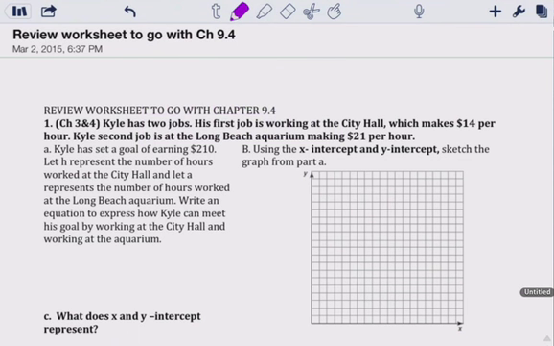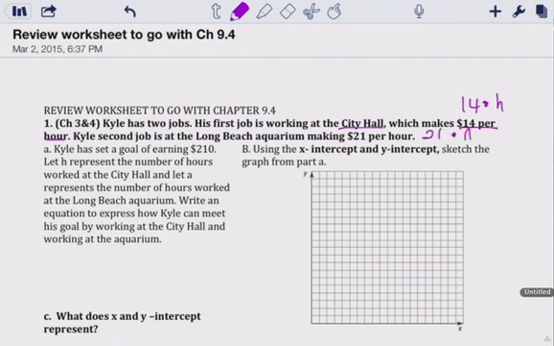Kyle has 2 jobs. His first job is working at the city hall, which makes $14 per hour. So that's 14 times the number of hours. Kyle's second job is at the Long Beach Aquarium, making $21 per hour. So this is 21 times the number of hours at the aquarium.